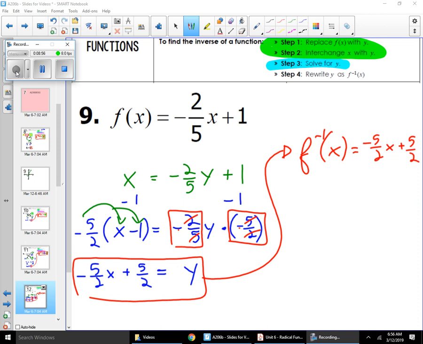Another thing that makes this example difficult is when we look at this inverse function, it's not as clear that we used inverse operations correctly. This is correct, this does work, but unlike the previous examples where it was really quick to see a minus 8 became a plus 8, oh, easy. Trying to find out whether negative 2/5 x plus 1 and negative 5/2 x plus 5/2 are inverses actually requires a bit more work.